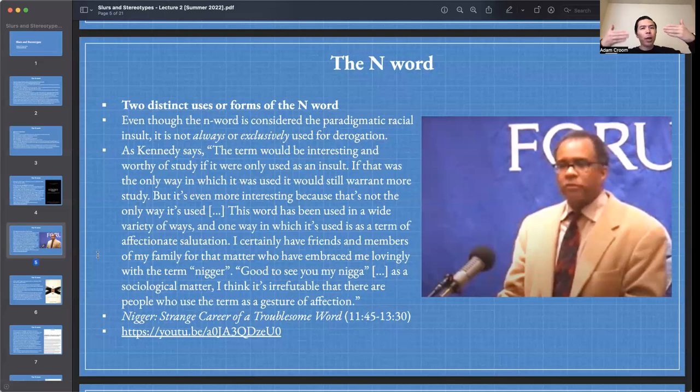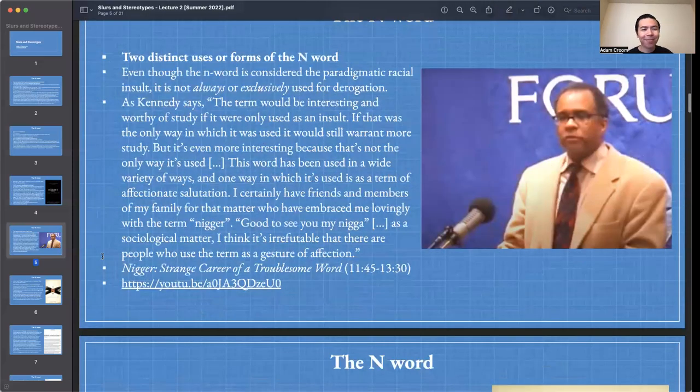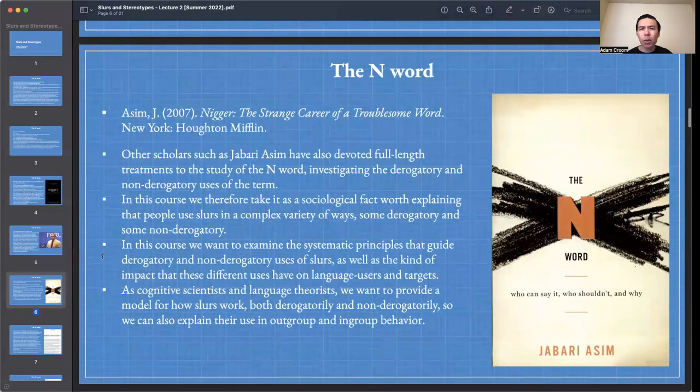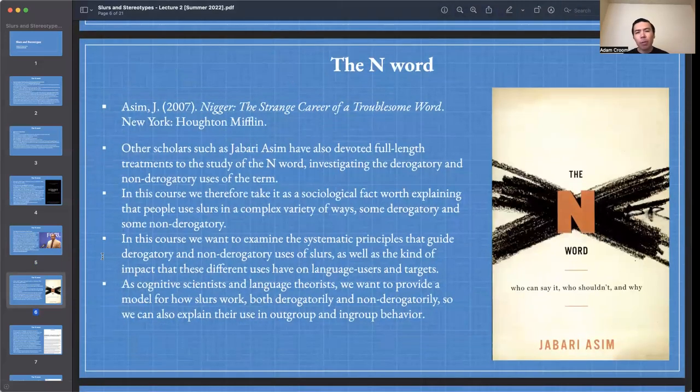How we can coordinate meaning and use. All right. So other scholars, such as Jabari Asim, have also devoted full-length treatments to the study of the N-word, investigating both the derogatory and non-derogatory usage of this term.